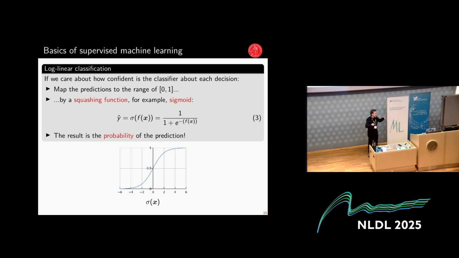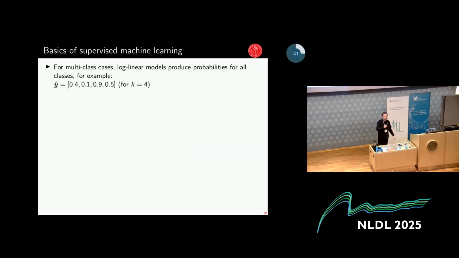So we have a classifier which can tell us, yes, I'm 99% sure that the language of this document is Norwegian. And if this classifier is at the same time a multi-class classifier, we get the probabilities for all the classes, for example, for all the possible languages.